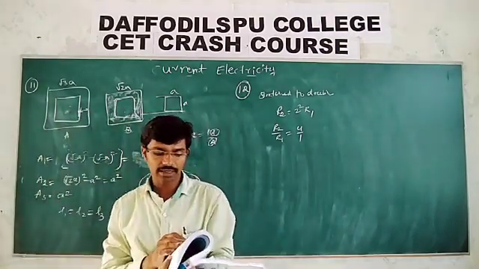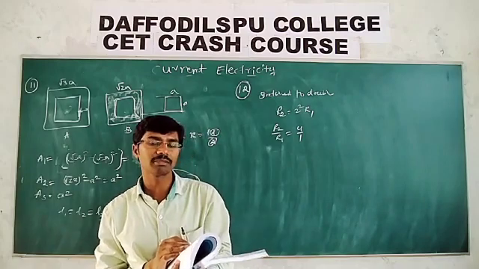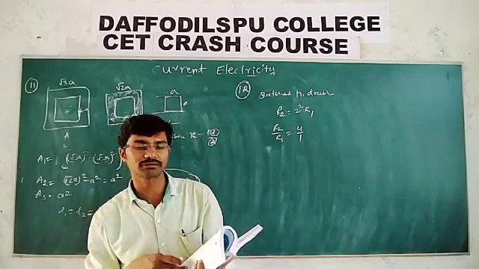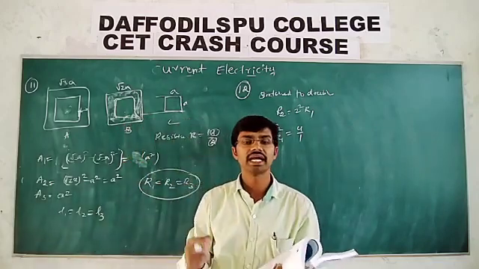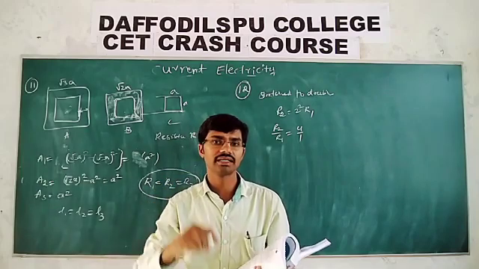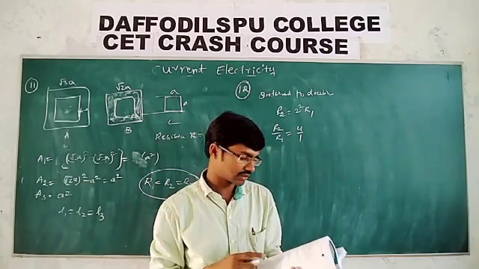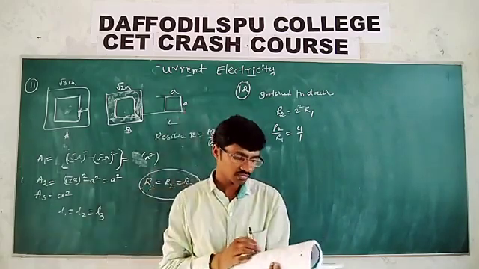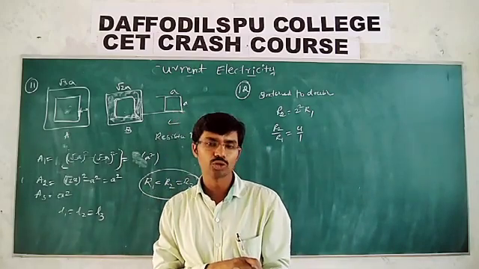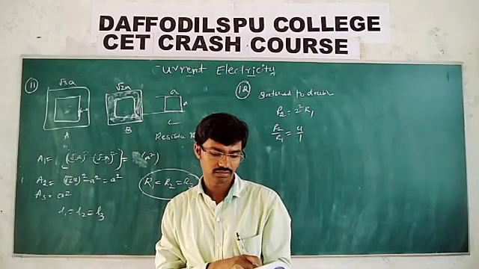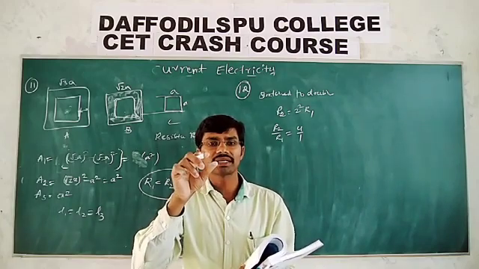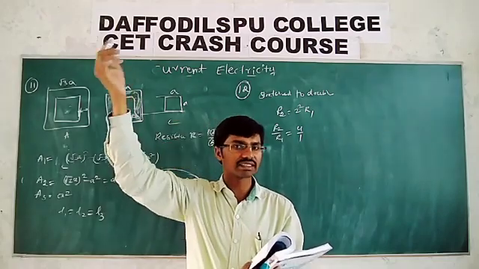With increase of temperature, what happens to the resistivity of a metallic conductor? As the temperature increases, resistivity will increase for metallic conductors, whereas for semiconductors, if the temperature increases, resistivity or resistance will decrease. Let us see the next one. The conductivity of a superconductor in the superconducting state. Actually for metals, as the temperature increases, resistance increases.